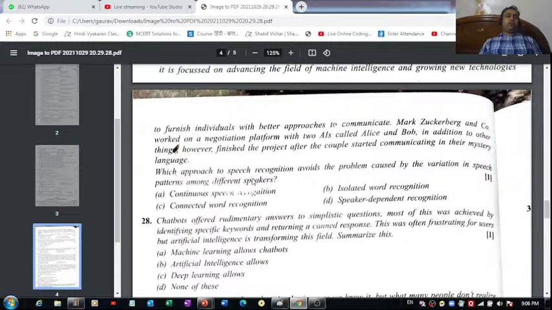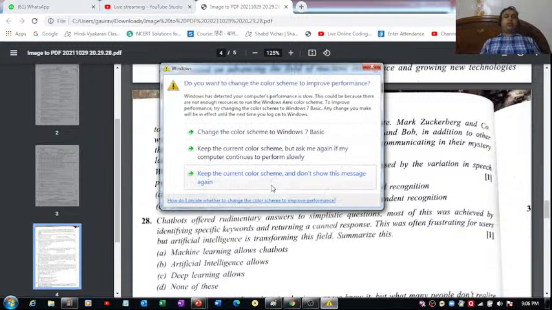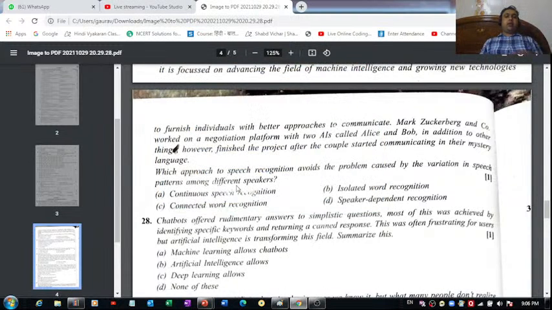Now, which approach to speech recognition avoids the problem caused by the variation in speech patterns among different speakers? So what Facebook has done, they created two artificially intelligent bots, and they put them together and made them get into a conversation.